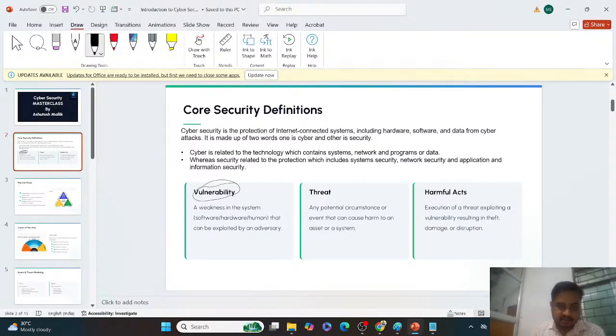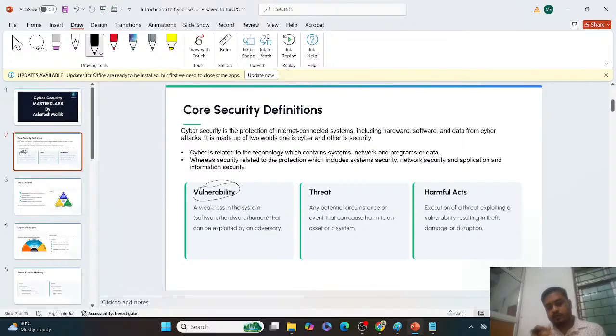Weakness in the system. In the human body you can call it immunity. If the human body lacks immunity, then an attack happens. The virus or some bacterial infection happens and the person can suffer from diseases.